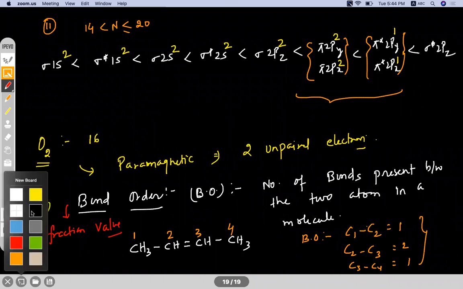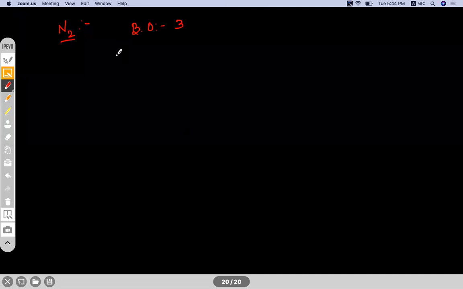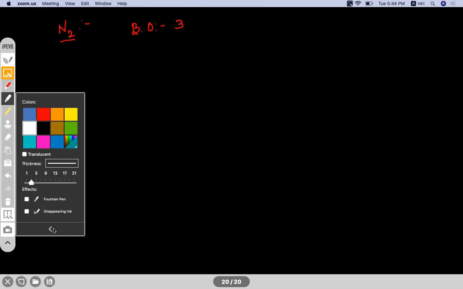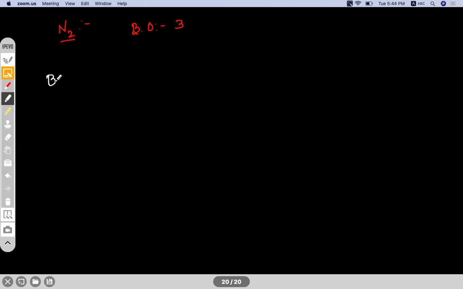Okay, let's see this. What is the bond order of the nitrogen molecule, the N-N bond in nitrogen? Tell me the bond order. Is it 3? Yes, 3. Could you cross verify? We can also cross verify this with molecular orbital theory. With the help of molecular orbital theory, we can find out bond order with this formula.